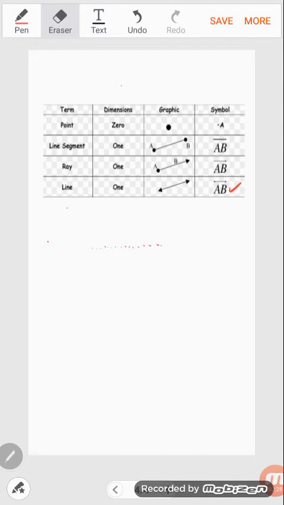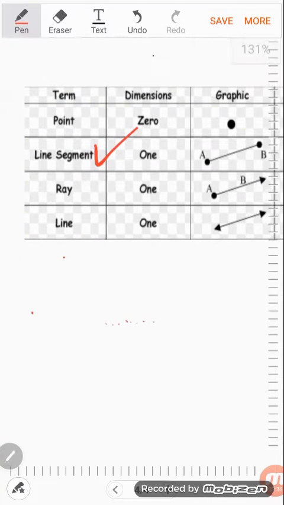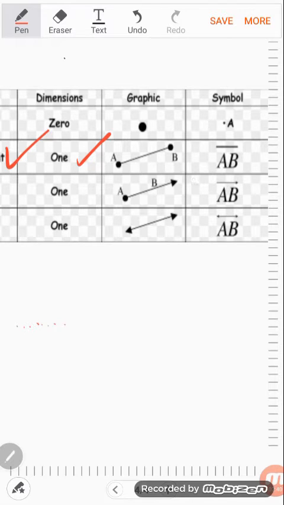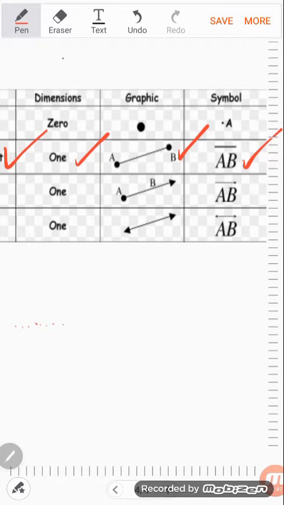Now let's study a line segment. A line segment has a dimension of 1. It is graphically represented by the 2 endpoints, and the symbol would be this.